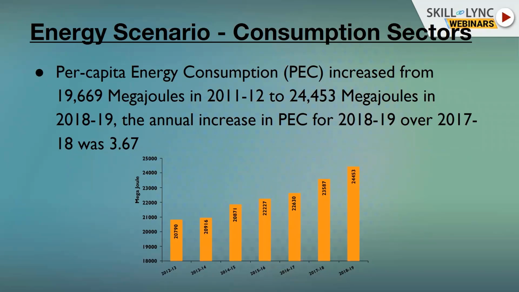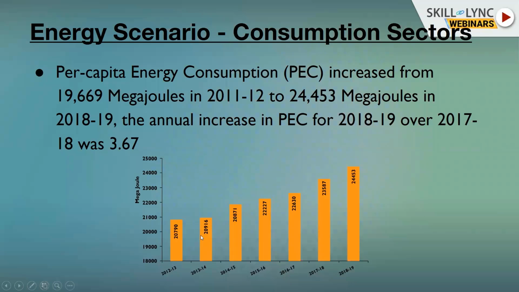Within these 6 or 7 years, the consumption in megajoules has increased. The annual increase in per capita energy consumption in 2018-19 over 2017-18 was 3.67%. As shown here, in 2012-13 it was 2790, and it has been increasing.